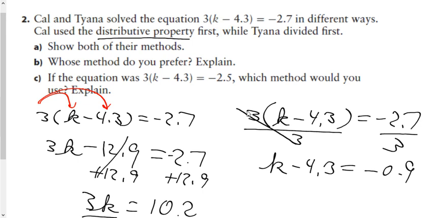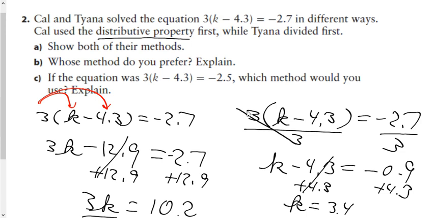Now we could see based on the amount of work here that that was a really efficient way to work out isolating, because now we have a one-step equation and all we have to do is add 4.3 to both sides and we will have k isolated to become, what did we say it was? 3.4, positive 3.4.